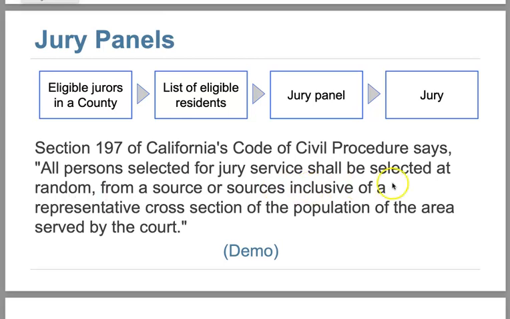It will be selected at random from a source inclusive of a representative cross-section of the population of the area served by the county. That's very important: for our eligible jurors, no matter where they are and what background they have, they all have random selection, being fairly selected.